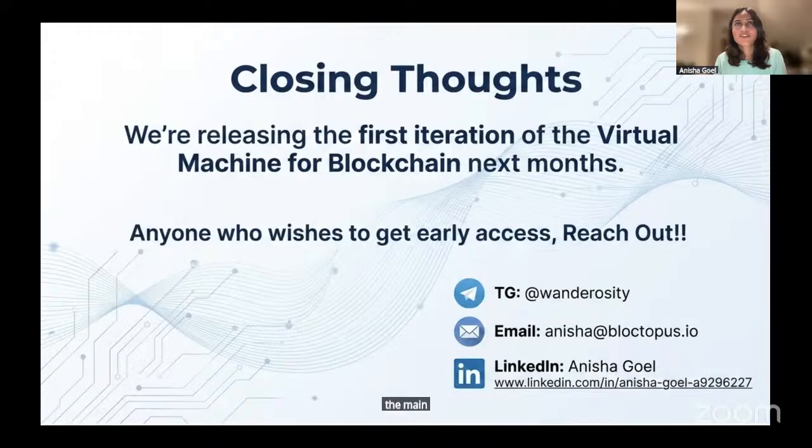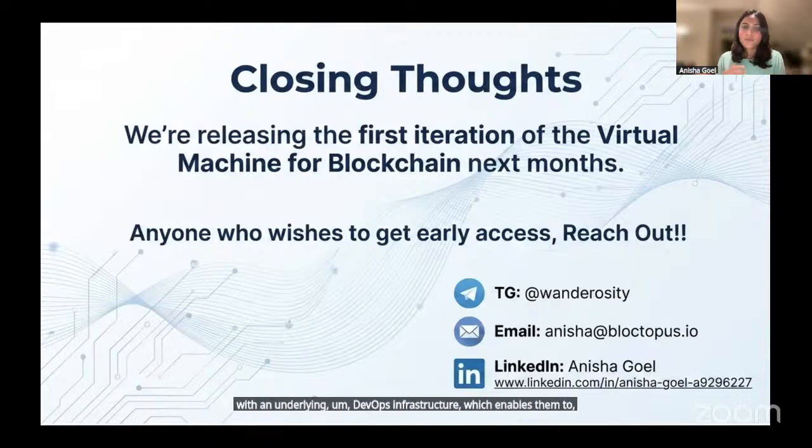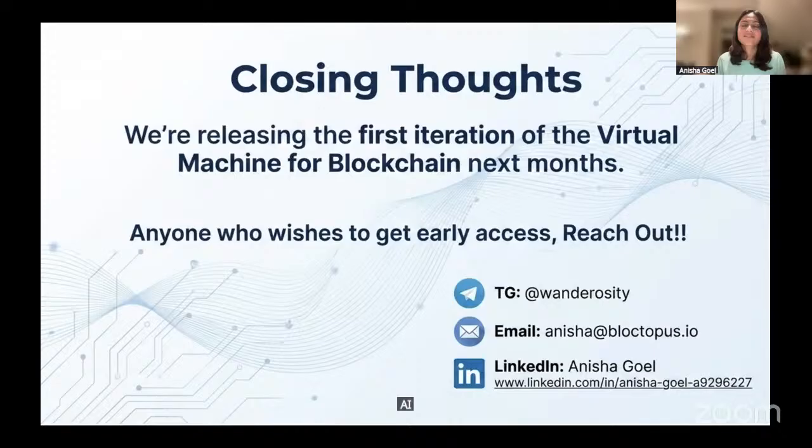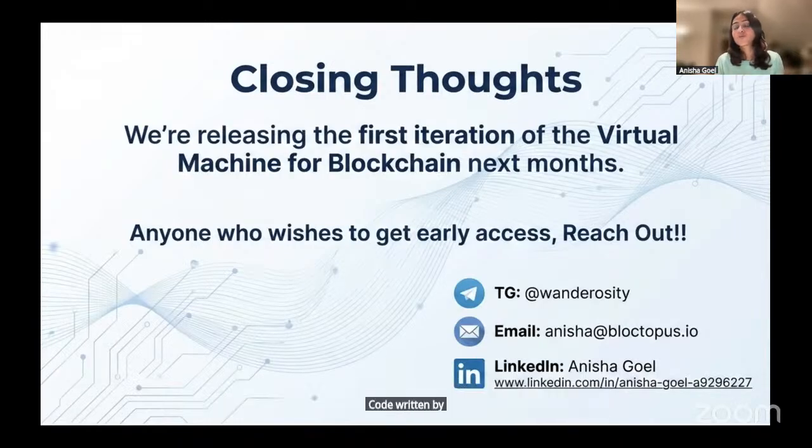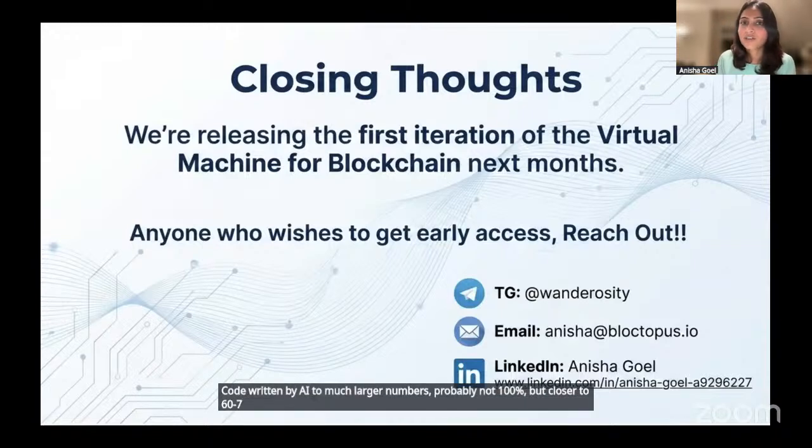The main objective here is empowering AI agents with an underlying DevOps infrastructure, which enables them to deploy and test and then build iteratively, and essentially closes that gap between AI agents and on-chain environments, which we think would be very powerful for blockchain development and for transforming the industry from going from 10 to 20% code written by AI to much larger numbers, probably not 100%, but closer to 60, 70% in the future.